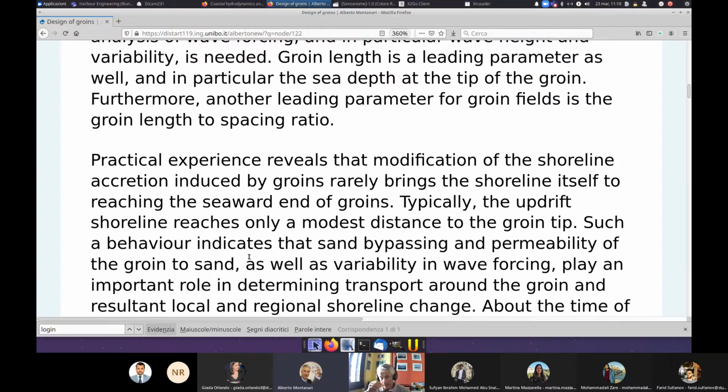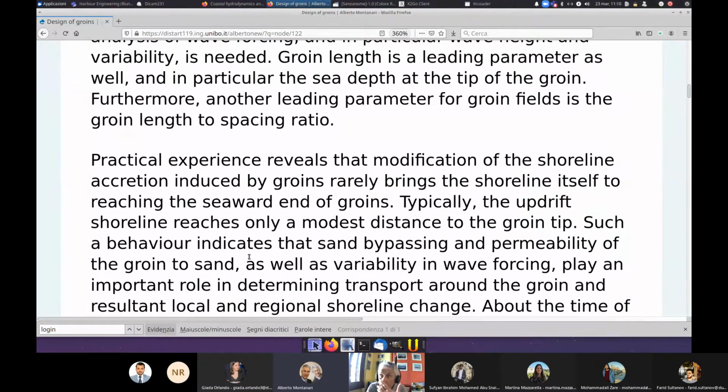The new shoreline always reaches a level that is at a certain distance, and we will see how to estimate this distance. And why is that? Because there is a process called groin bypassing, which means that the sand that may reach the top of the groin is transported by currents on the other side.